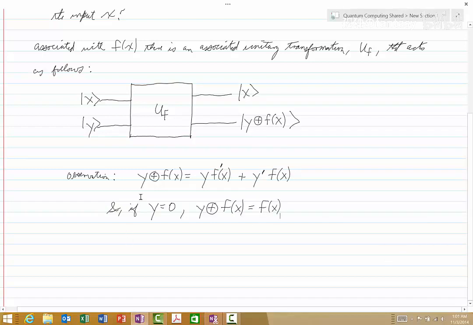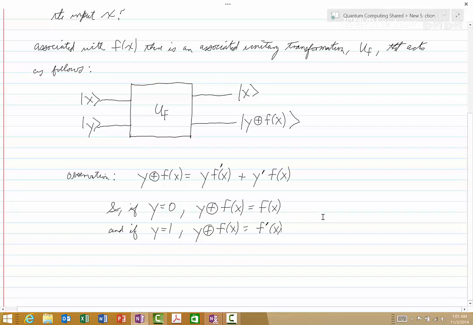On the other hand, if y is equal to 1, then the second term would go away because 1 prime is 0, and 0 ANDed with anything is 0. Here we would get 1 ANDed with f prime of x, which is f prime of x. So y exclusive OR f of x, in that case, would be f prime of x.